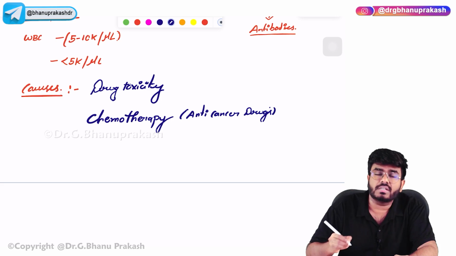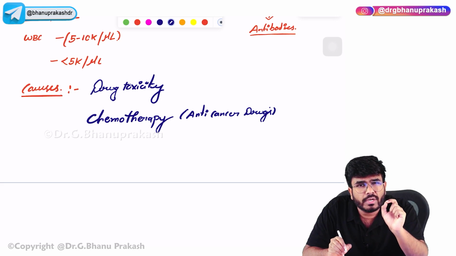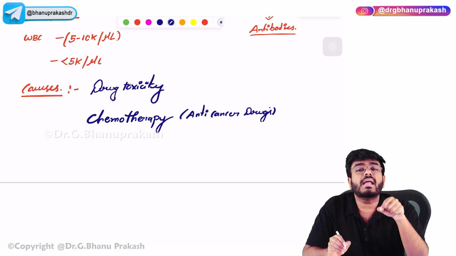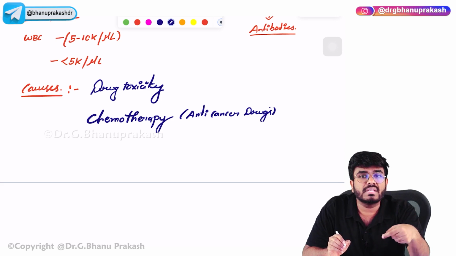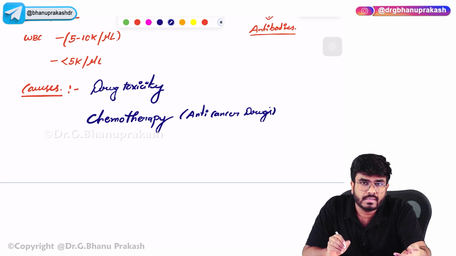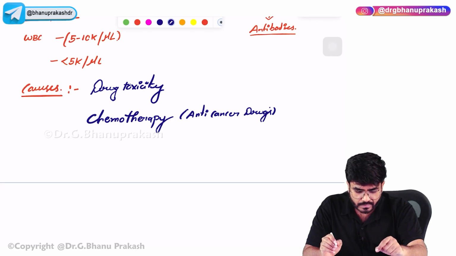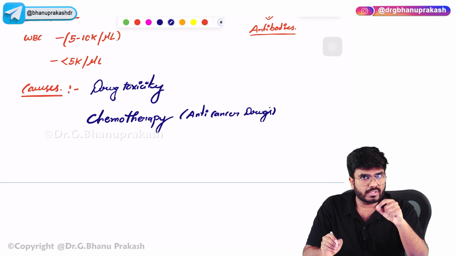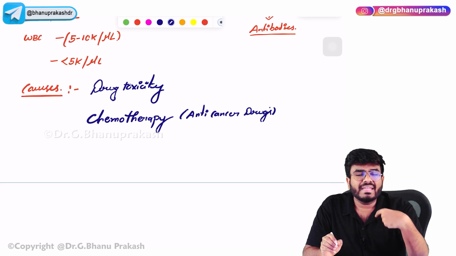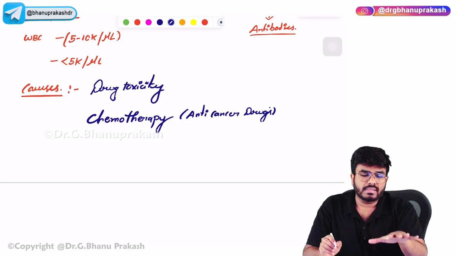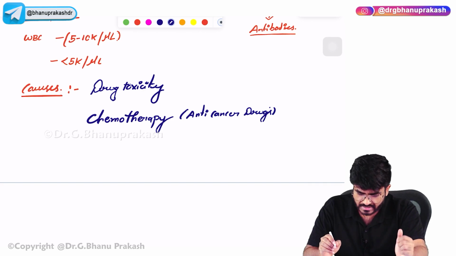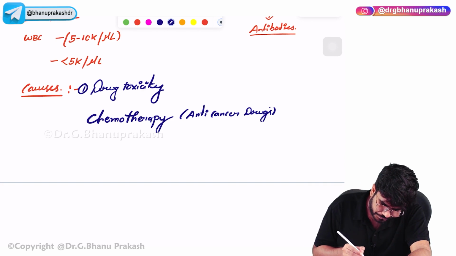These anti-cancer drugs target those cells which are highly proliferating. So if a patient is taking chemotherapy or anti-cancer drugs, the WBC count will go down. That's reason number one.